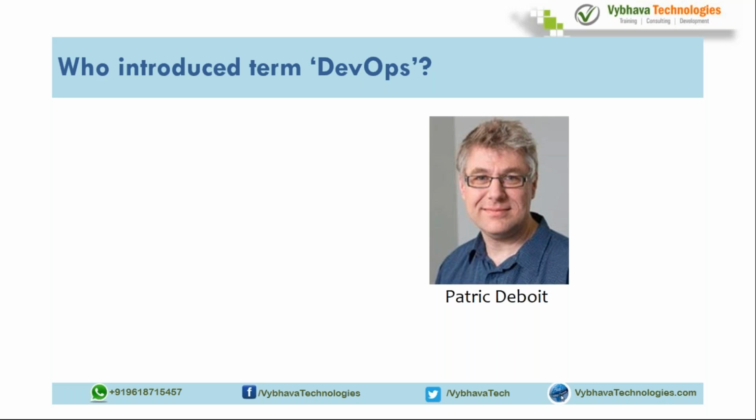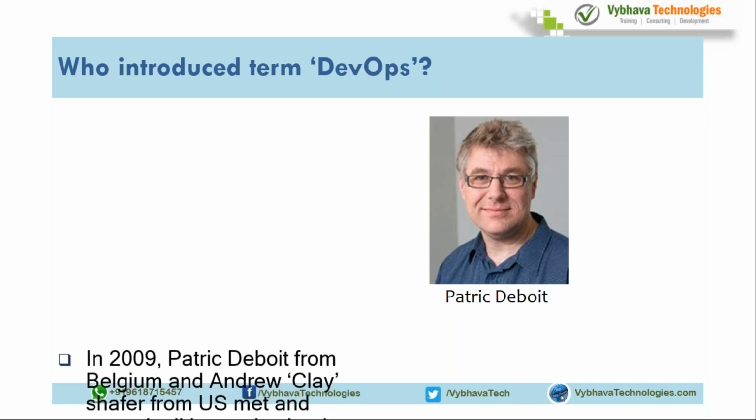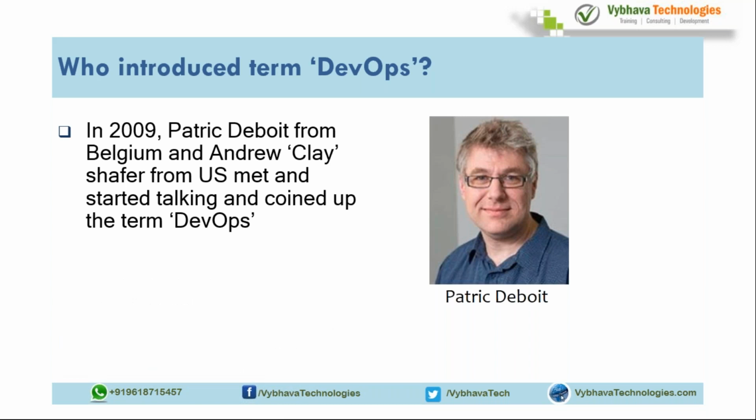The word DevOps was introduced by Patrick Debois. In 2009, Patrick Debois from Belgium and Andrew Clay from the US met and started talking about the term DevOps. So this word started from this person, Patrick Debois. He introduced this word, and a lot of conferences go on in every area of learning in DevOps.